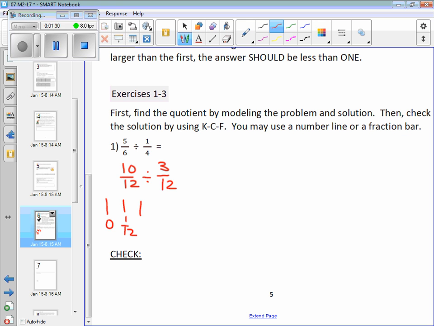So there's 2, 3, 4, 5, 6, 7, 8, 9, 10. I'll mark that. 11 and 12. I'm just going to count by numerators here. And then I'll connect my line.